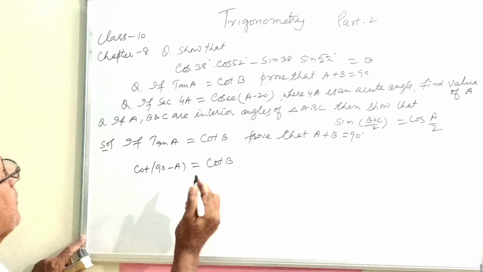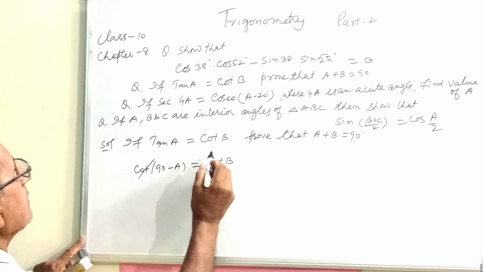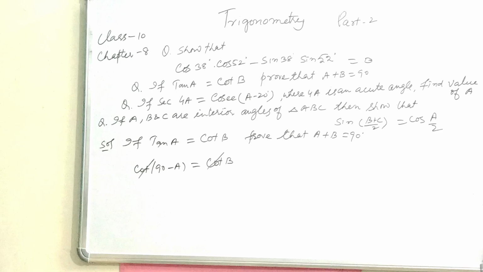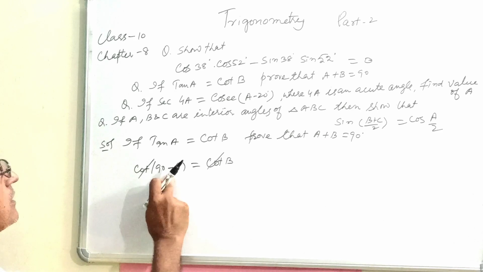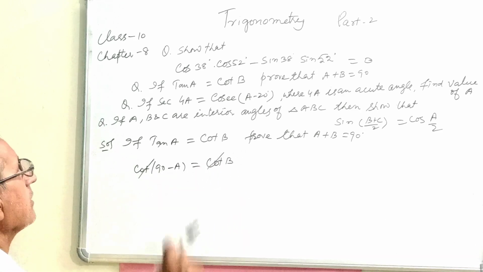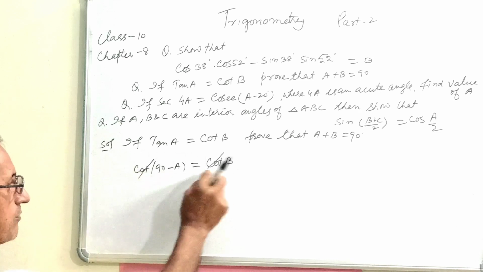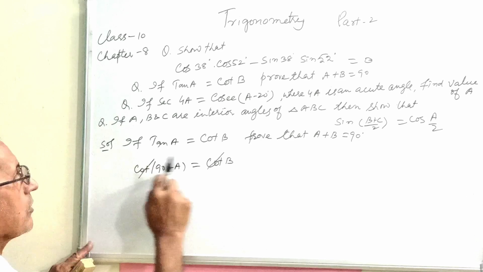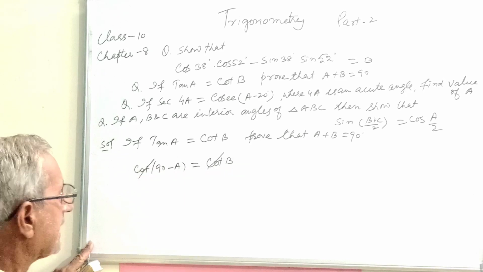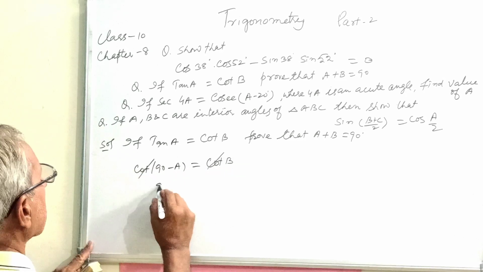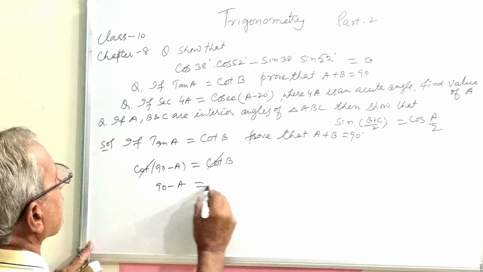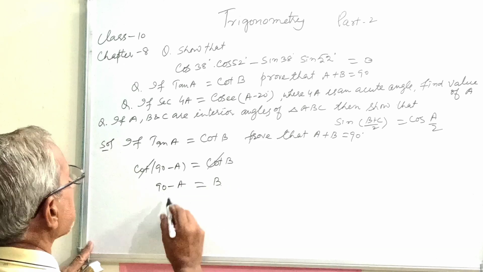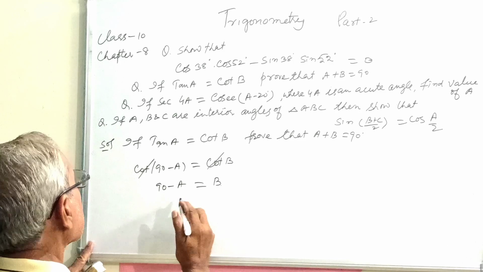So you have to cancel cot on both sides. So cot 90 minus A equals cot B. The same ratio, the same theta was given, cot. So both are cancelled. Therefore 90 minus A will be B. So take A to the right hand side.